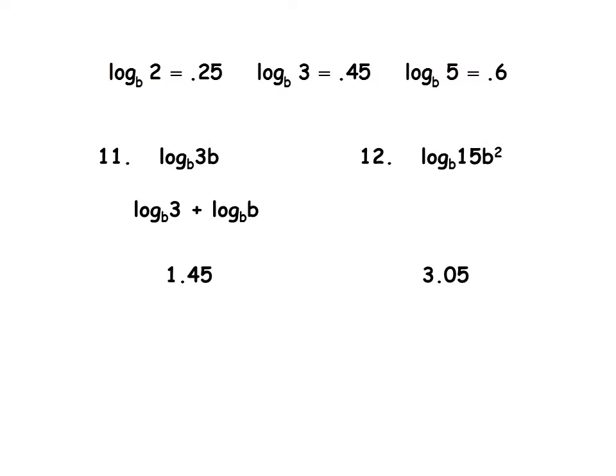Remember that when these are the same, it's like saying b raised to what power equals b to the 1. So this is going to be just the number 1. And we know the log b of 3 is 0.45, so this would be 1 plus 0.45 or 1.45. So this is another one of those logs that you're going to want to add to your list.